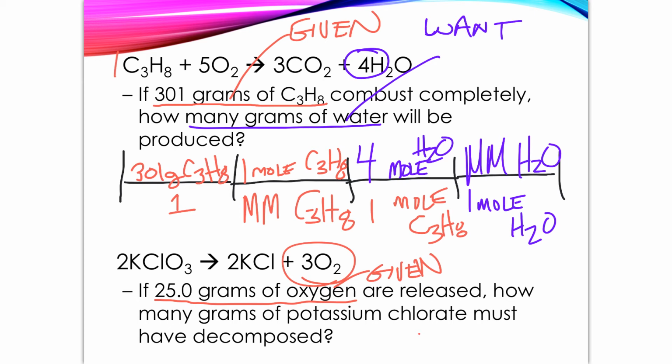So grams of potassium chlorate, there's my want, and that's this material here. So when we look for our mole ratios, we're going to need the 2 and we're going to need the 3. And we're going to set it up basically the same way. So let's look at the next page.